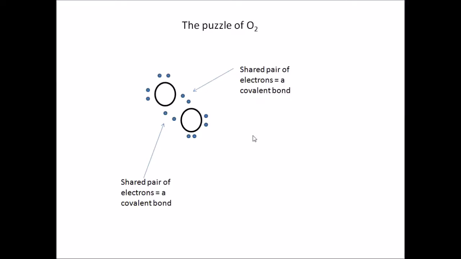So this becomes a double bond. A double bond. So there is a double bond in the middle of the O2 molecule. And the dot structure could be represented like this, or a slightly different way, which I'll show you on the original worksheet.